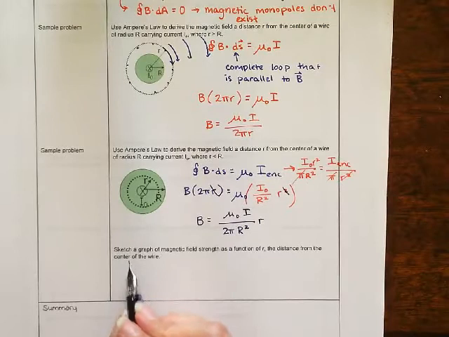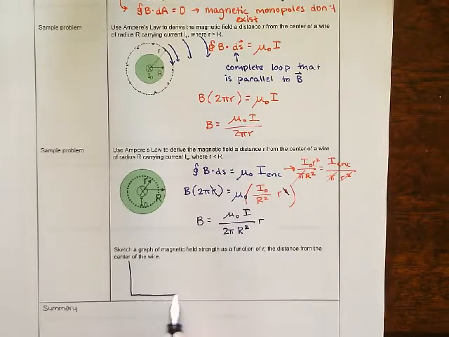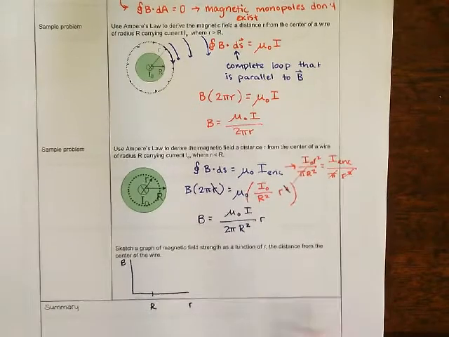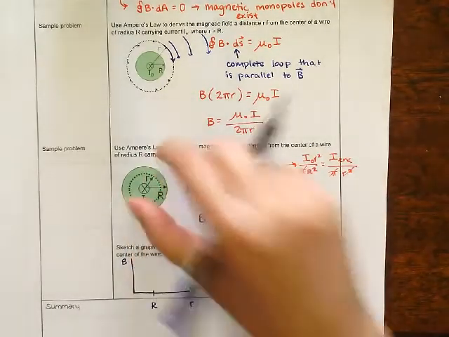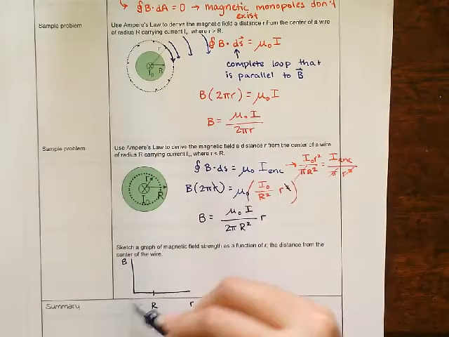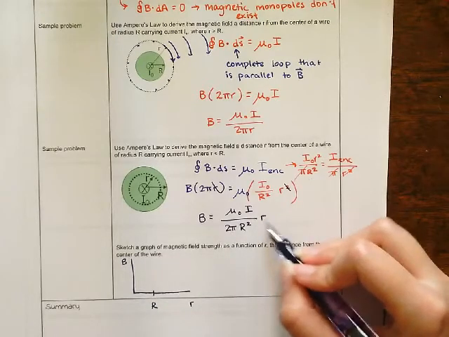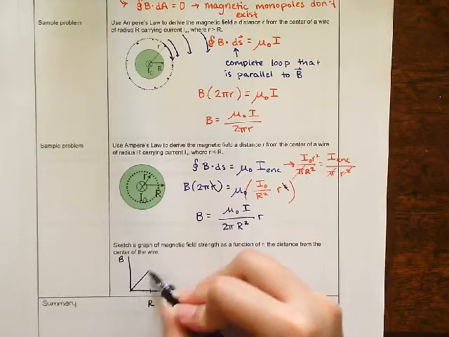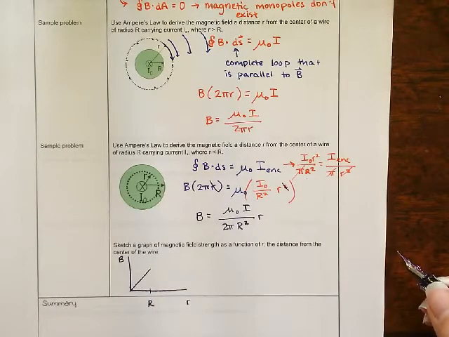Of course, I want you to make a graph. So if I were to make a graph of the magnetic field as a function of radius r, where here is big R, the radius of the wire. Okay, when we are within the wire, this is our variable, it's linear. This is going to be a nice linear line.